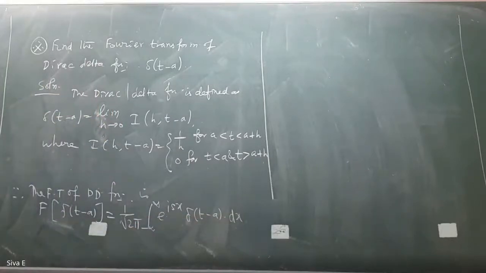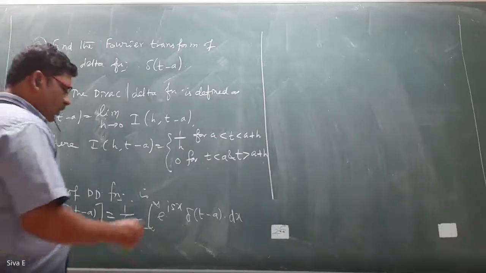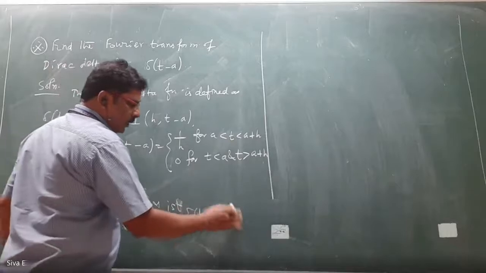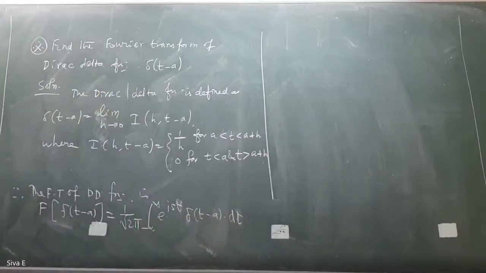So here you have to write in terms of t. Therefore you can write e power ist delta of t minus a dt.